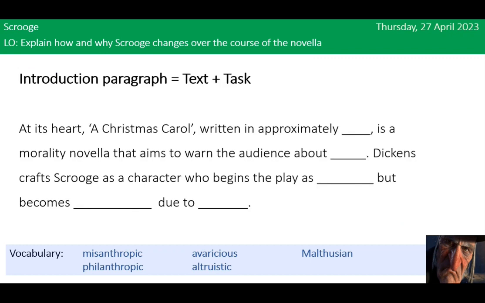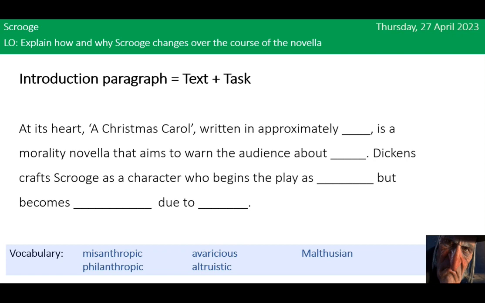Here is a model introduction for passing your A Christmas Carol exam. So, at its heart, A Christmas Carol, written in approximately, if you don't know that, then do your research, is a morality novella that aims to warn the audience about how they should be. He's telling them what they should not do. He's warning them what they should not do.